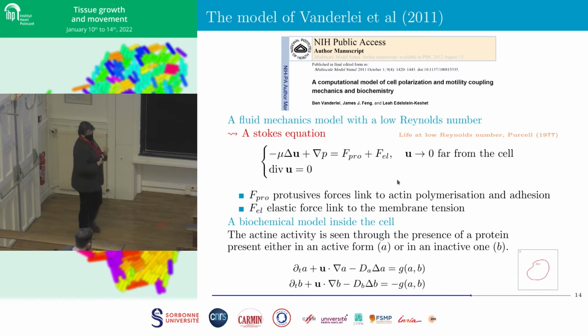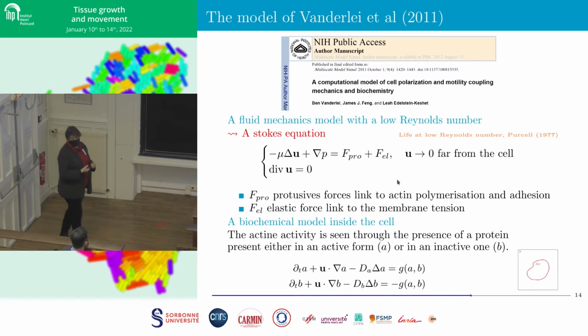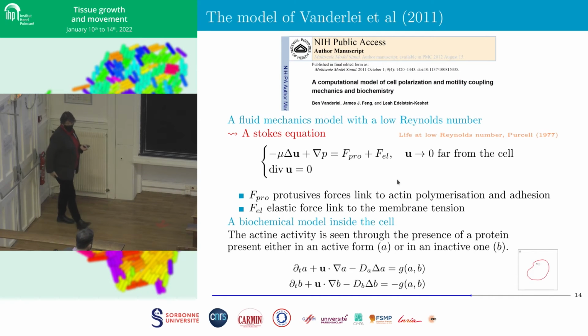And so the inertial forces exerted on the cells are negligible with respect to the viscous forces. And so we can look at the system thanks to the Stokes equation, with u being the velocity at each point of the domain, corresponding to the cell, but also outside the cells.